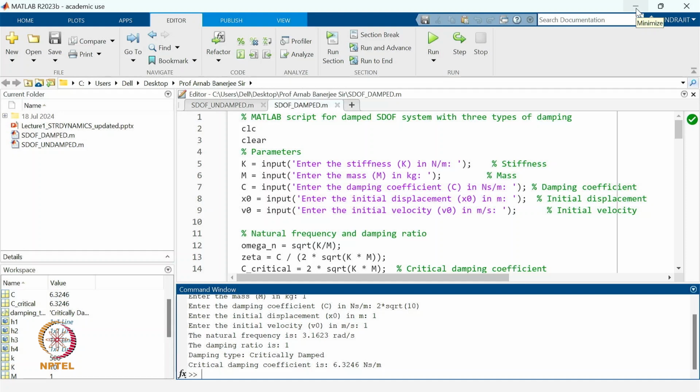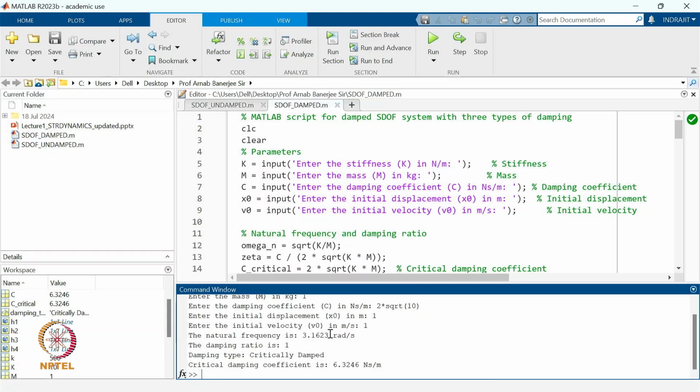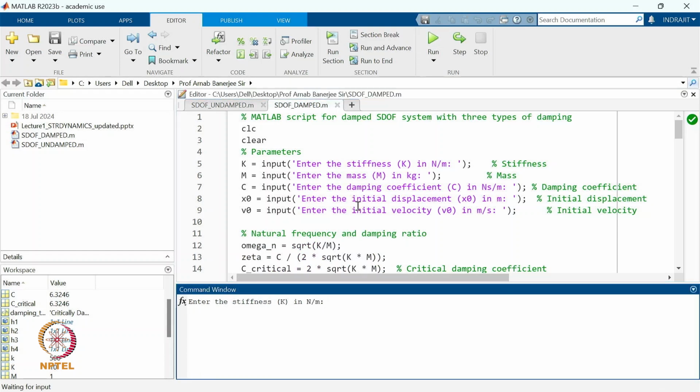Okay, so we can go for an overdamped case. Once we are doing the overdamped one, maybe I'm just running it with the same values. Damping, maybe I will keep 10 this time.